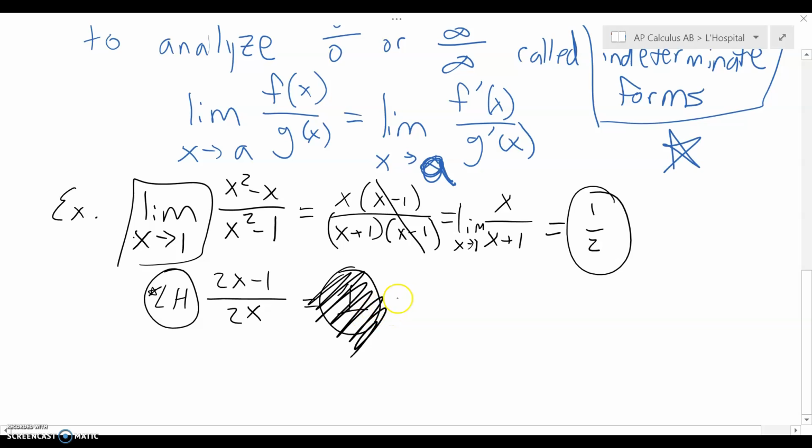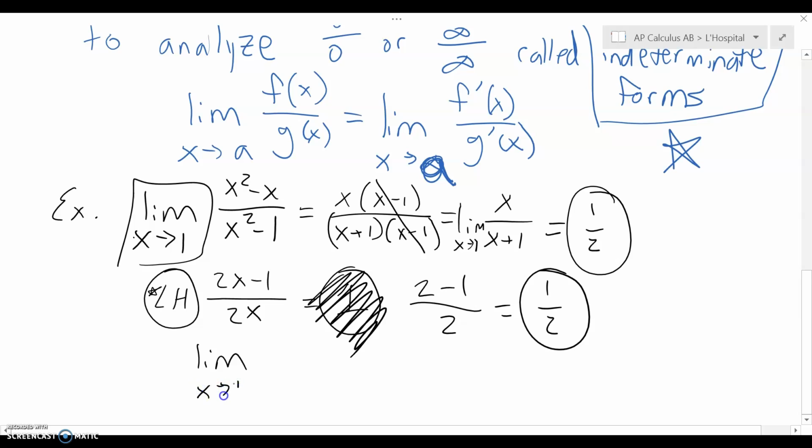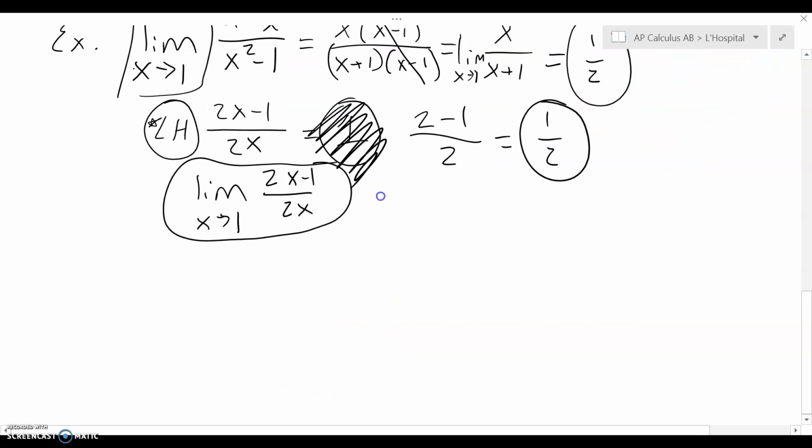Just had a momentary lapse of judgment, but that little x goes in there and we get 2 minus 1 on top. We get 2 on the bottom, and there's our half. And I was getting a little lazy. I put this LH in here, and that threw me. I should have just written the limit as x approaches 1 of 2x minus 1 over 2x, and then I would have known what I was plugging in. I just kind of froze up there for a second, but that happens to all of us.